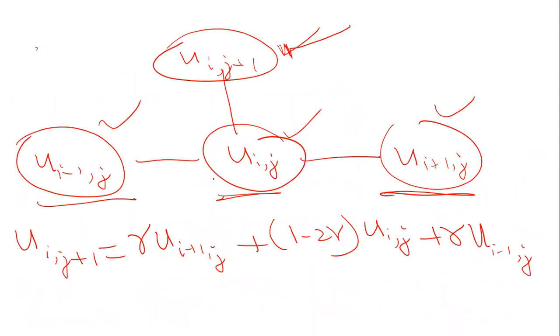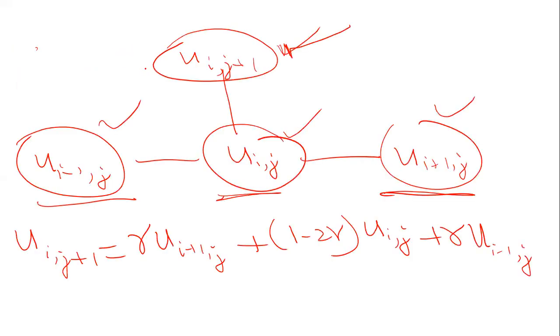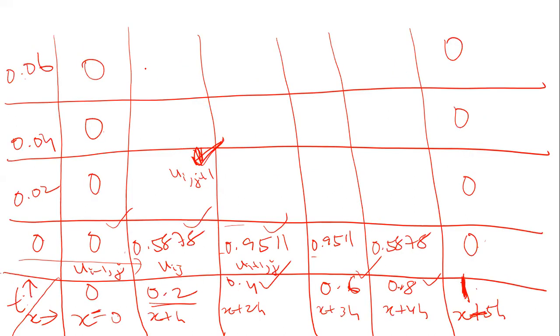So let us put all these values. Uij plus 1, we are going to use that. Gamma is 0.5. 0.5 into ui plus 1j. What is ui plus 1j here?